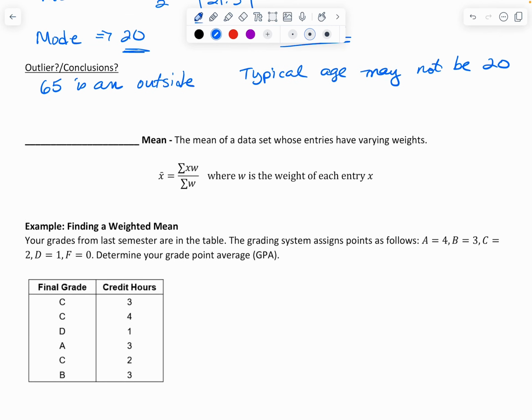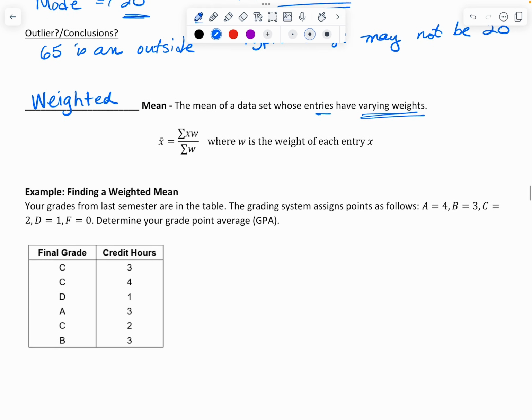The next is what's called a weighted mean. And a weighted mean is for a data set where the entries have varying weights to them. So we're going to have to sum all these up, divided by the weight, where W is the weight of each one of the entries.